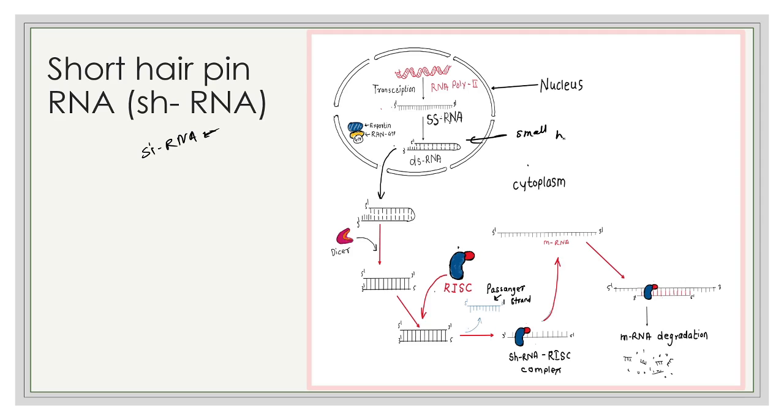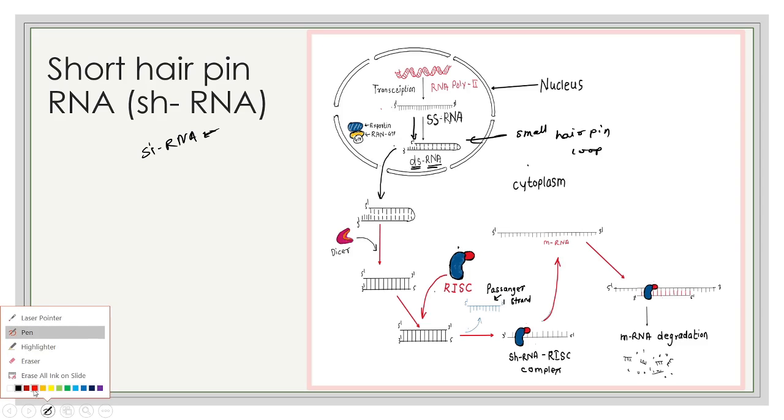You can observe in the diagram there is a nucleus, and inside the nucleus there is a double-stranded RNA. That double-stranded RNA is formed from single-stranded RNA having complementary sequences. Those complementary sequences bind together and form a double-stranded RNA.